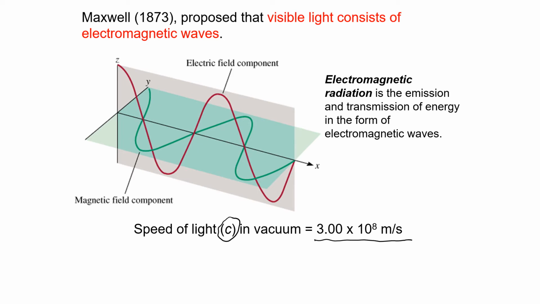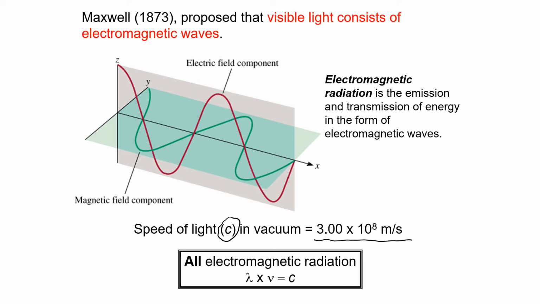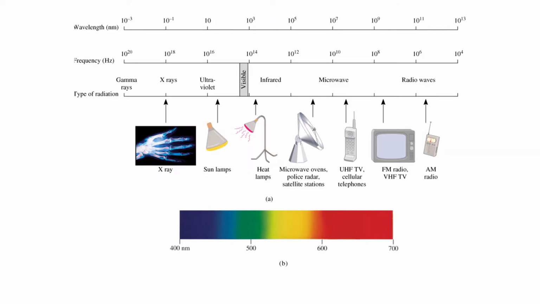This is a universal constant, so you will get to know that number, or you should actually memorize that number. So all electromagnetic radiation satisfies this equation. Okay. Now we're going to take a look at the electromagnetic spectrum.